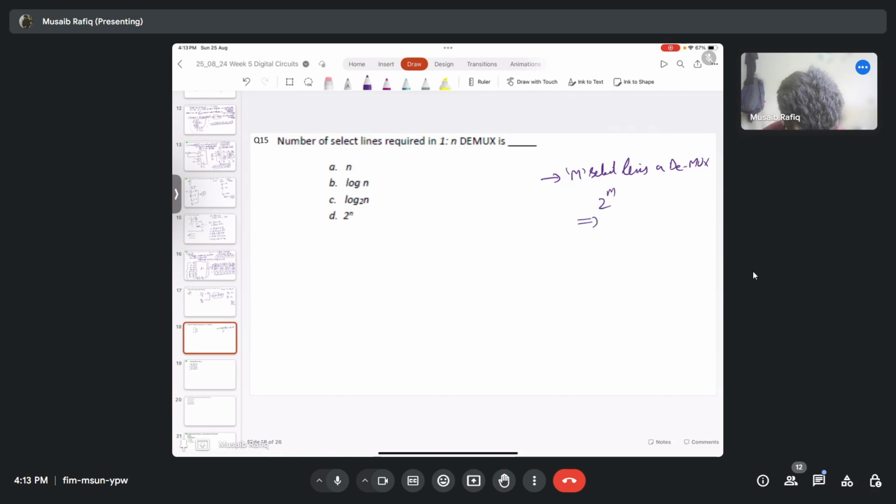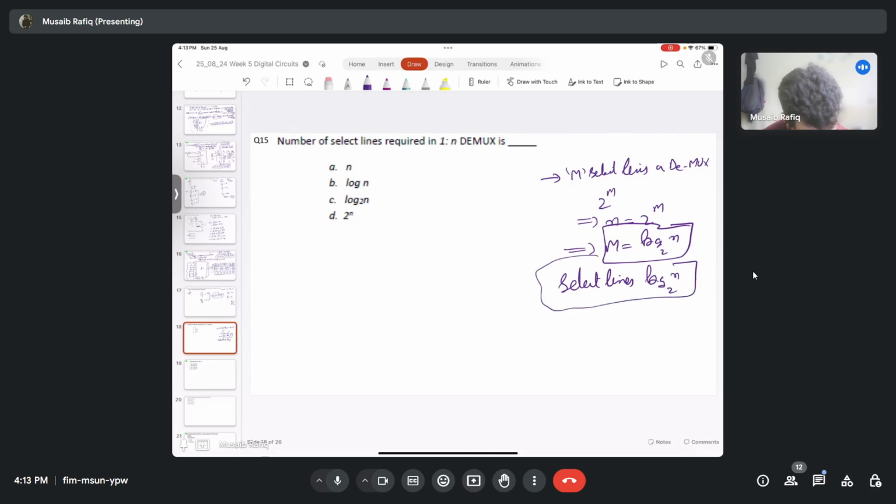So that implies n is equal to 2 raised to power m, and that implies m is equal to log to the base 2 of n. So my select lines will be log n, to the base 2. Option C.